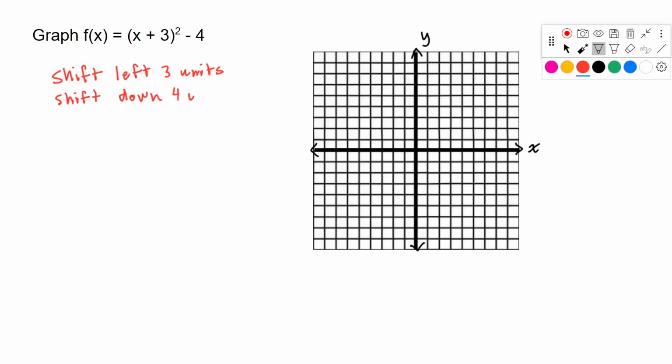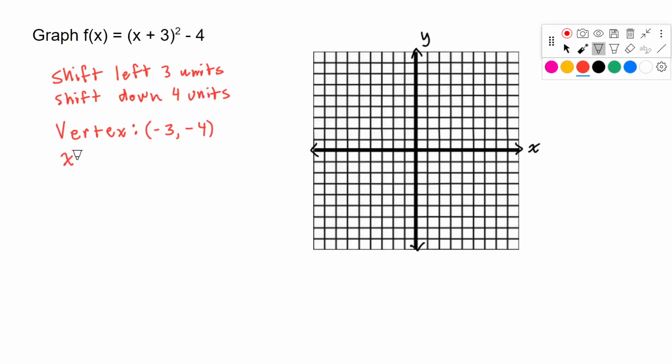Now this information also leads me to my vertex. If I'm going to the left 3 units, that means the x value is going to be negative 3. And down 4 units means the y value will be negative 4.